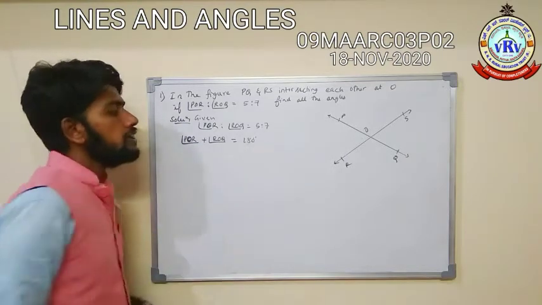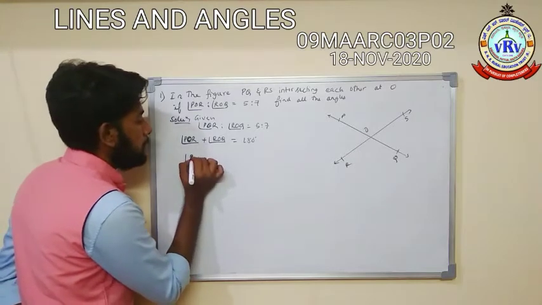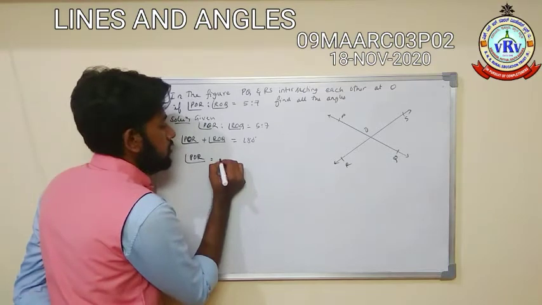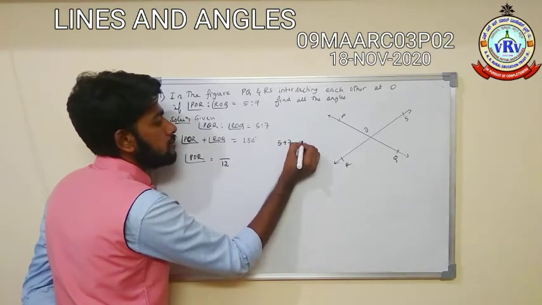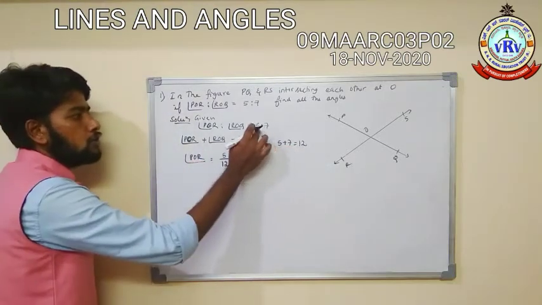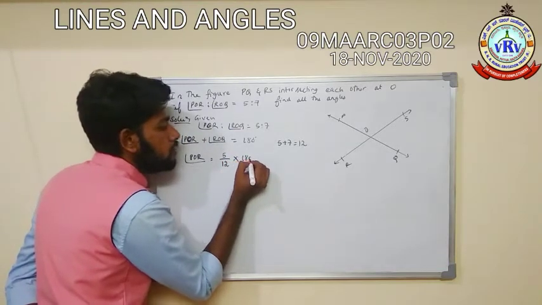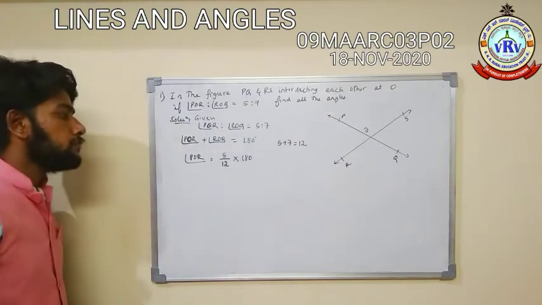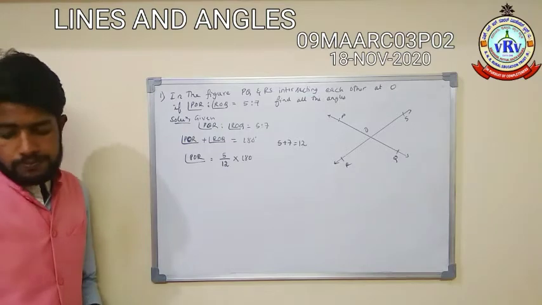Here the total angle is equal to 180 degrees. 12 parts means 5 plus 7, in total it is 12 parts, in that 5 parts are POR. The total angle is equal to 180 degrees. So the answer for this is POR is equal to 5/12 into 180 degrees.